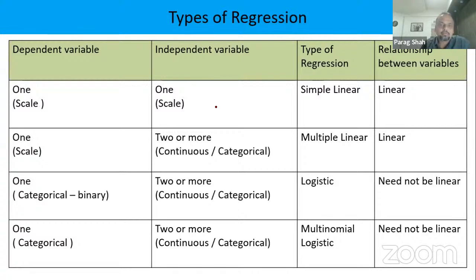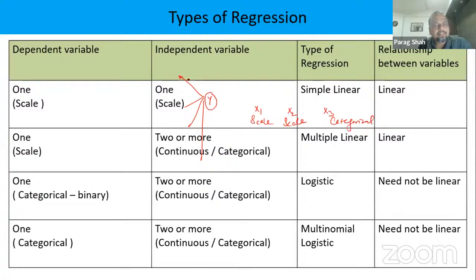Like I'll show you an example. Y, X1, X2, X3. Suppose this is scale, this is scale, this is categorical. And I want to decide in which category I have to classify this person.